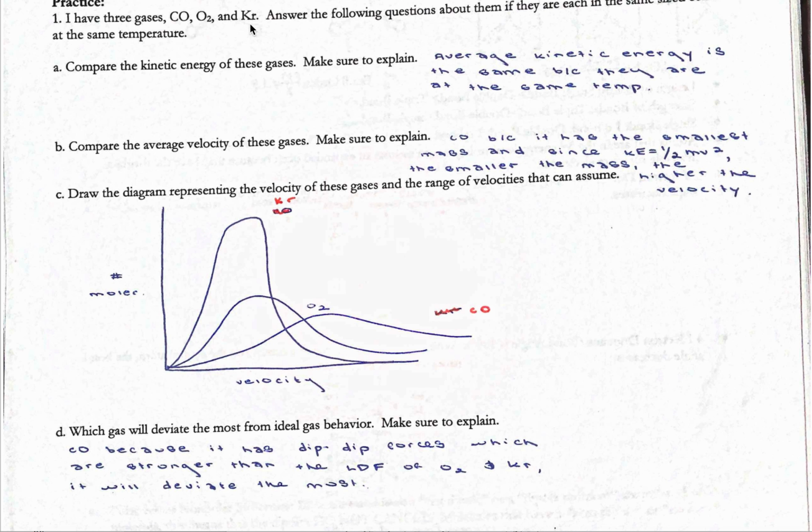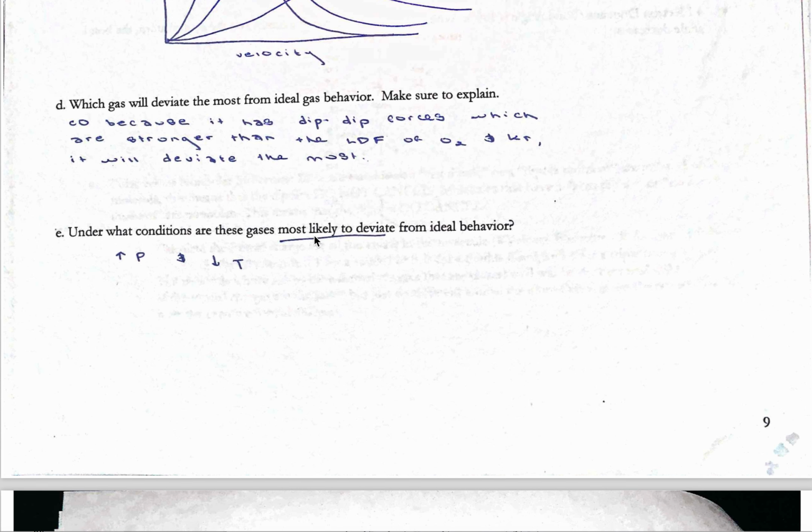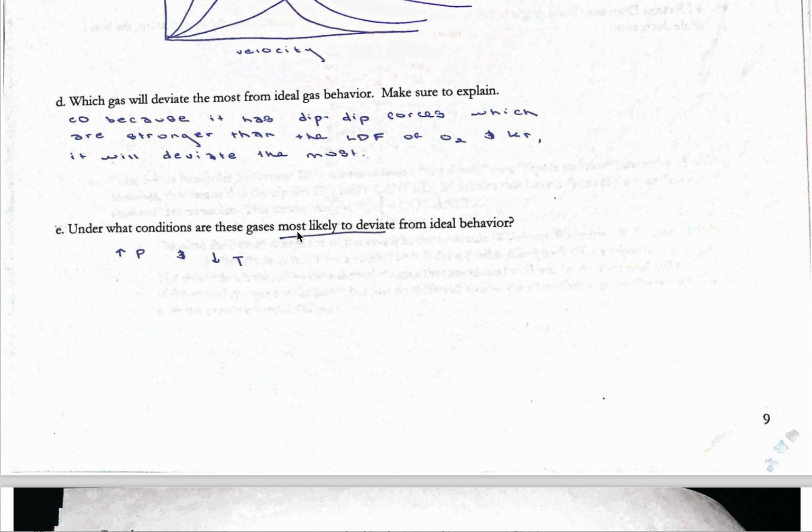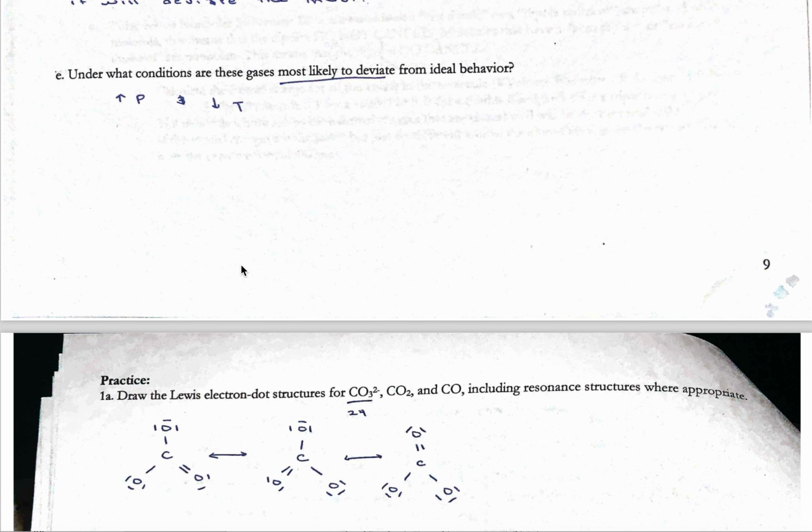Keep in mind, if I compared oxygen versus krypton, krypton would be the next one that deviates the most, because remember, when you're comparing the strength of London dispersion forces, it's whichever one is more polarizable, meaning whichever one has more electrons. Okay, again, what conditions are most likely to deviate from ideal behavior? Well, we don't want gas molecules to attract one another. And so the way that they would attract one another is if you had a high pressure and if they were moving very slowly because they had a low temperature.